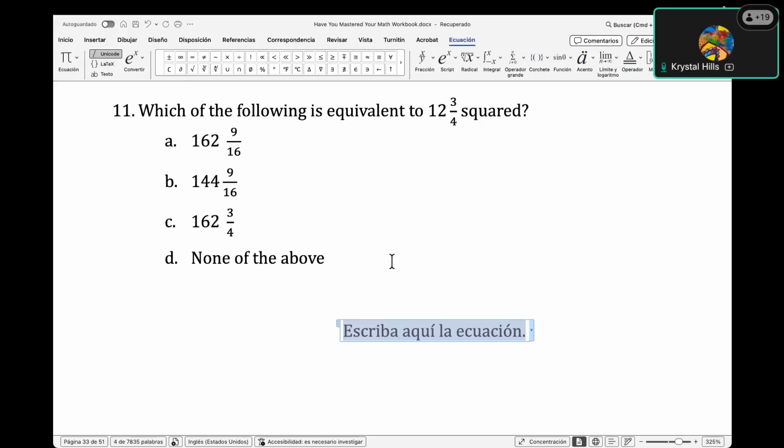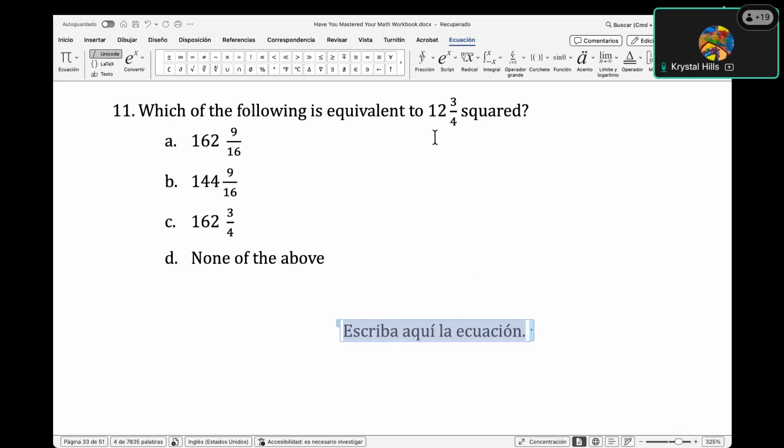Right. So if I were to change the fraction 3/4 into a decimal, do you know what that decimal becomes? Yes. If you convert 3/4 to a decimal, it'll become 0.75. Perfect.